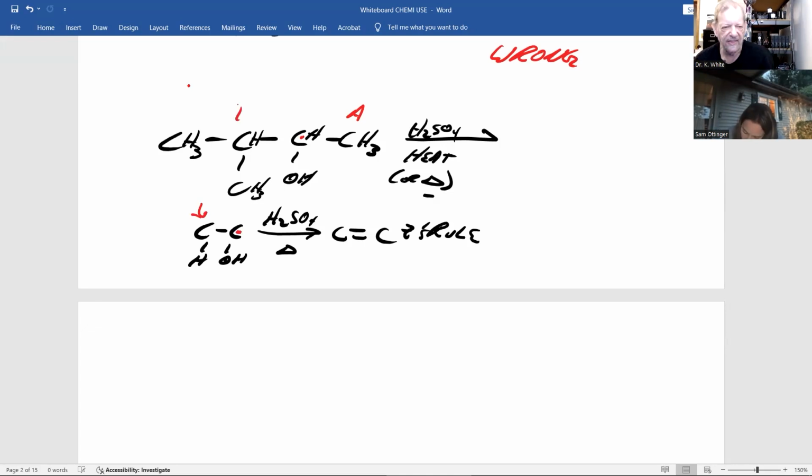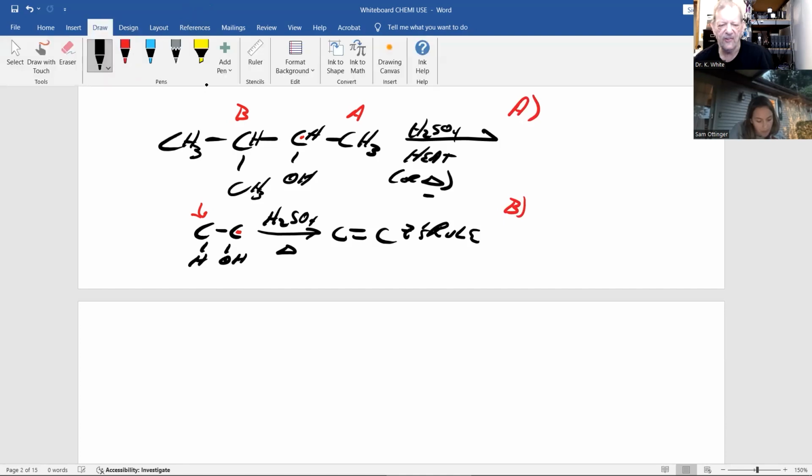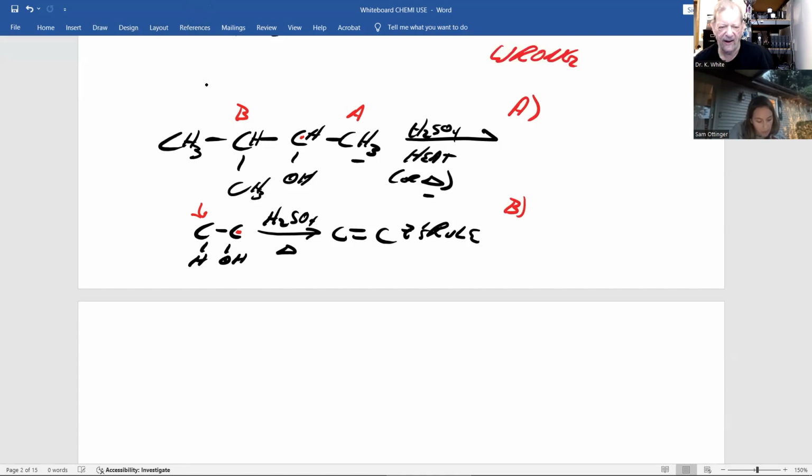Well, there's A and B. And for A and B, if you lose the hydrogen here from A and the one on the carbon with the hydroxyl group, you don't break carbon-carbon single bonds. No, you form across that methyl, and the double bond will be formed there.